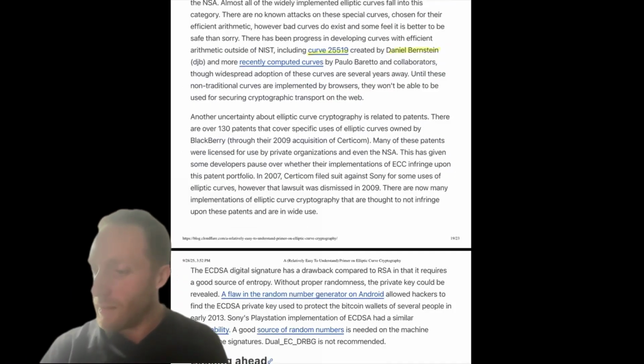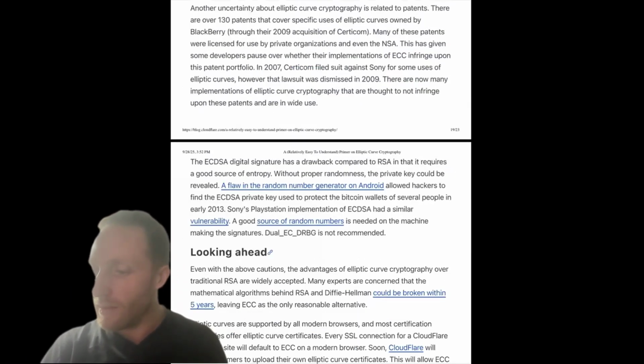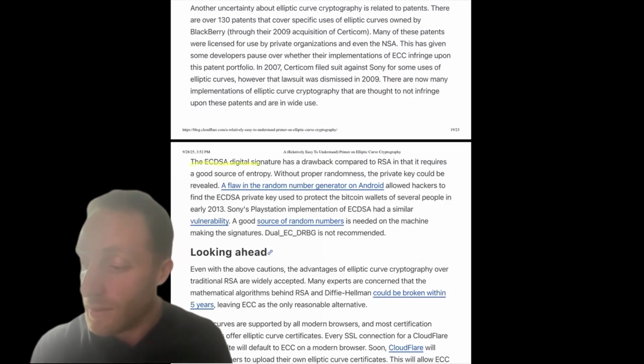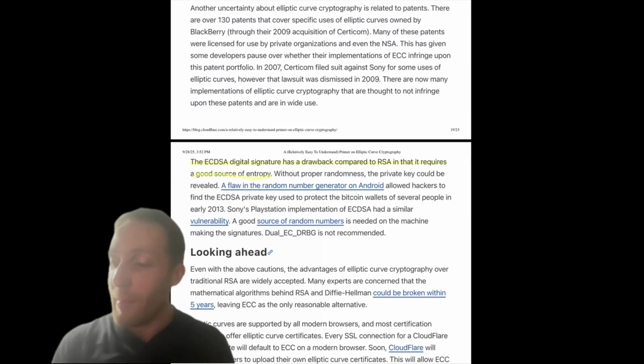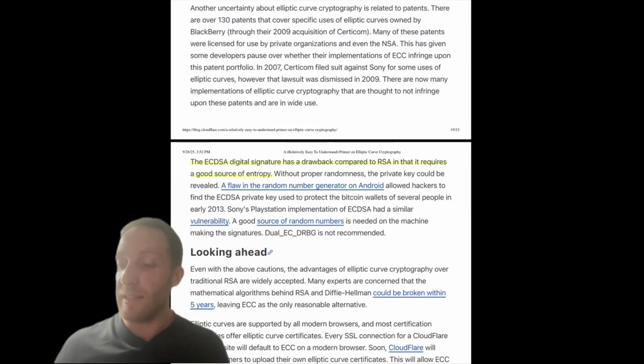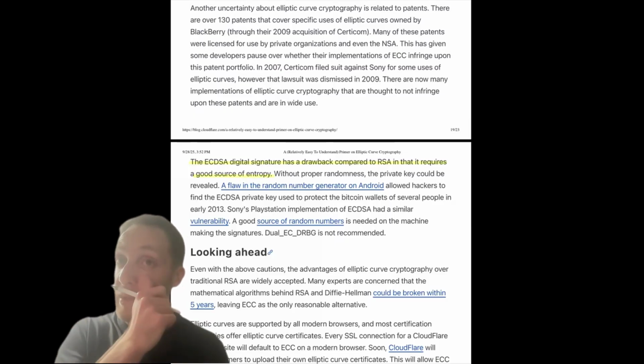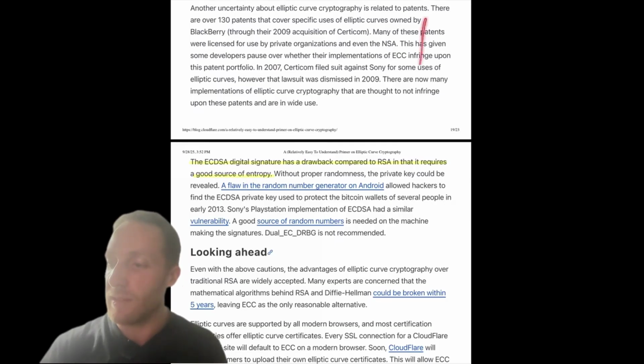Apart from that, there is one drawback that ECDSA does have compared to RSA. So it's not flat out better in every aspect: it requires a good source of entropy, which was related to the issues above.